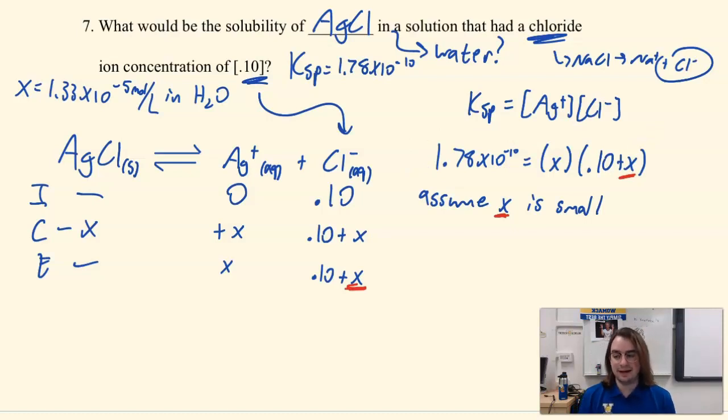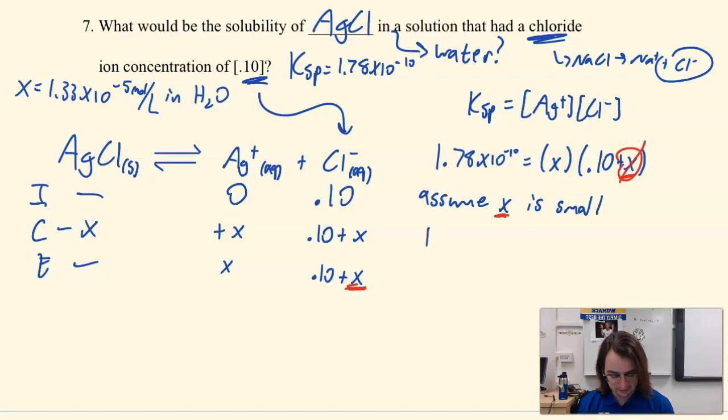Let's say we have a really small number, like 0.00000000008. Really, really small. If I add 0.10 to 0.000000008, what am I going to get? Well, after I round, I'm just going to get 0.1. The rest of it doesn't really matter. It's too small. So if I assume this, I can actually remove that x. This gets removed.